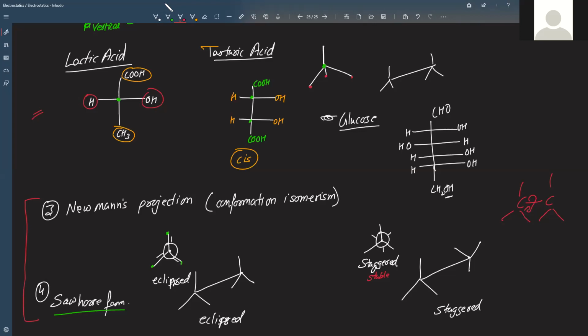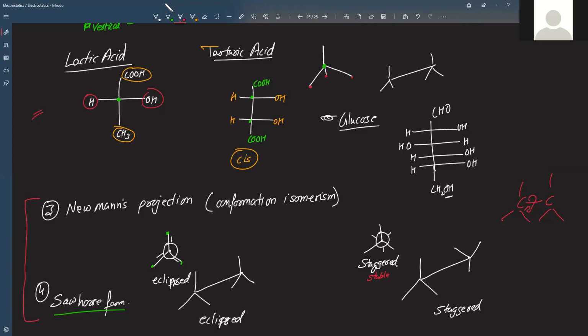Those are two different forms, but they don't remain in the same form forever. Whatever structures and orientations we have seen earlier are forever, right? Such molecules have two different versions at the same time, but here the same molecule changes its orientation.